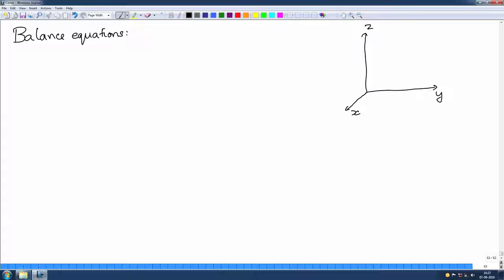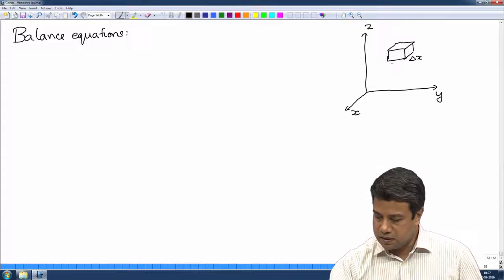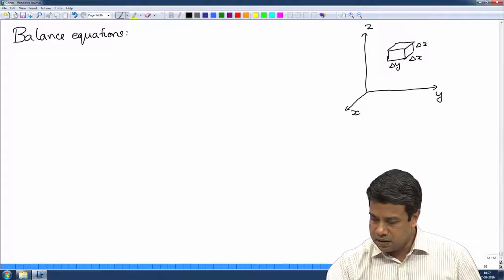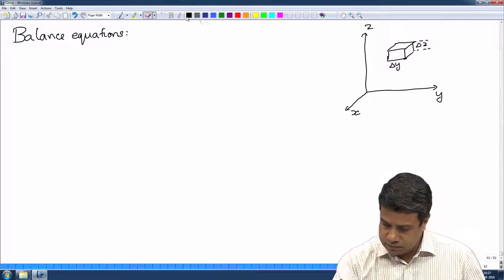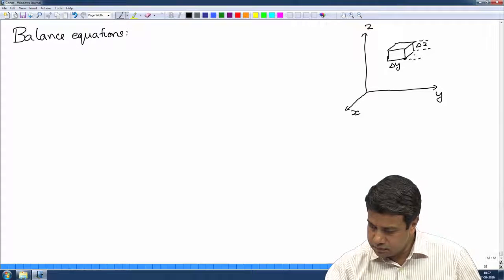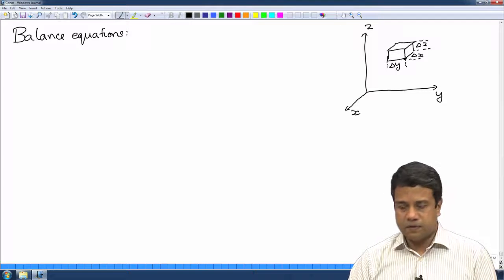So, in a Cartesian coordinate system, that differential volume will be a cuboidal volume, with dimensions delta x in the x direction, delta y in the y direction and delta z in the z direction. So, that is going to be the volume that I choose.